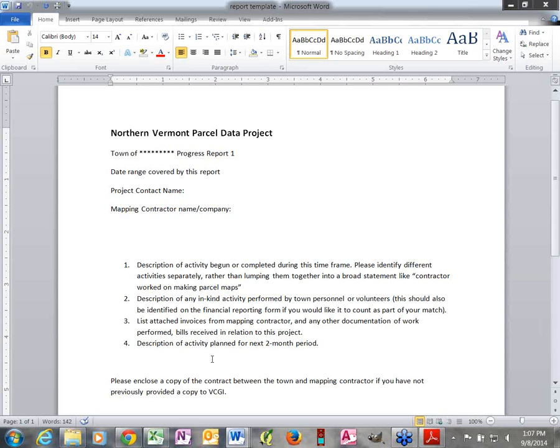This is just the description part of it. And then just list invoices that you're going to attach to back up what you say happened during that time period, if you have invoices. And if this isn't the final report, then it would be any activity planned for the next couple of months. So it's fairly straightforward. It's not a big complicated thing.